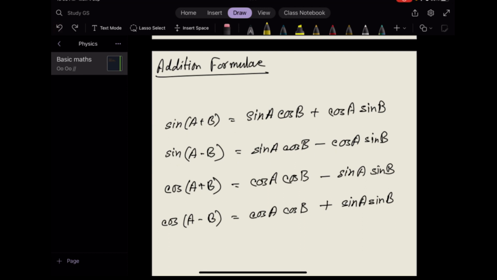Similarly, cos a plus b is equal to cos a cos b minus sin a sin b. Cos a minus b is equal to cos a cos b plus sin a sin b.